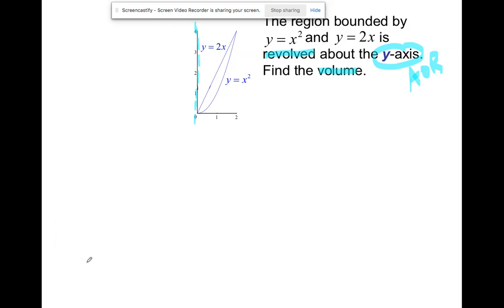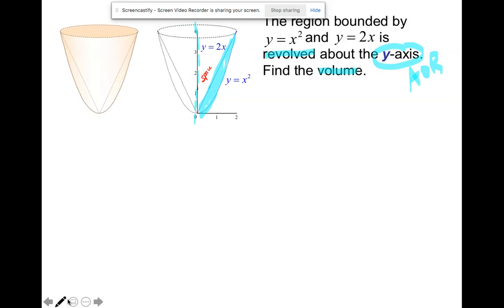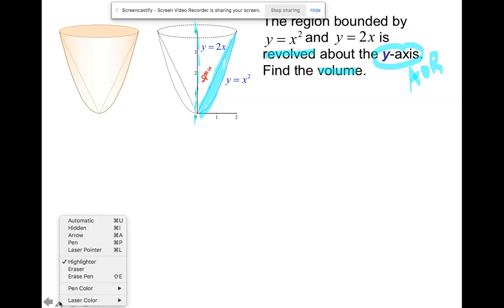If I'm going to do washers, and notice that I'm going to do washers because there is a space between my region and my axis of rotation. Right? There's a space. So that's what it kind of looks like when you go to like Carmen's, and they dig down into it and scoop out your ice cream.